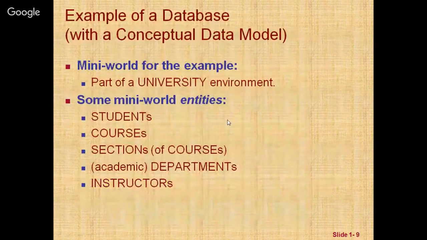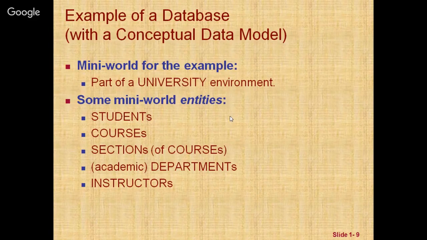Well, today we will see an example of a university environment, a mini world for the example. Consider a simple example, a university database for maintaining information concerning students, courses, and grades in a university environment.